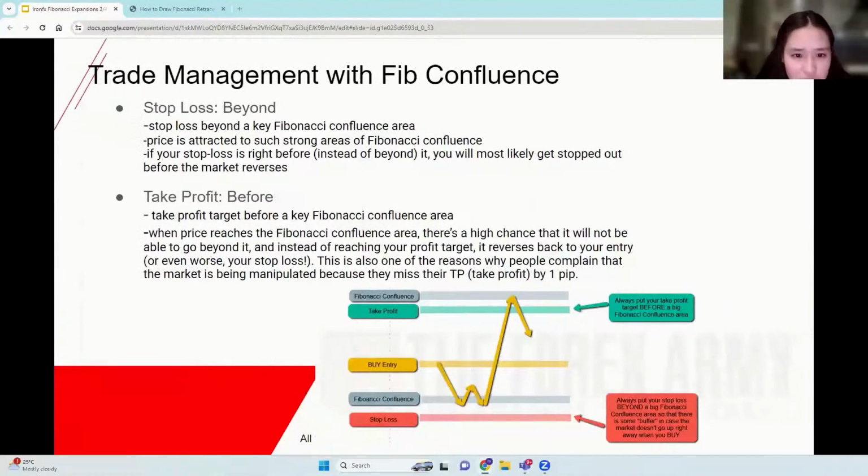I briefly talked about this just now when we were talking about the Forex Army website, because this chart is taken from there. Basically, this trade management technique helps you to make sure that you catch any reversals before they happen.